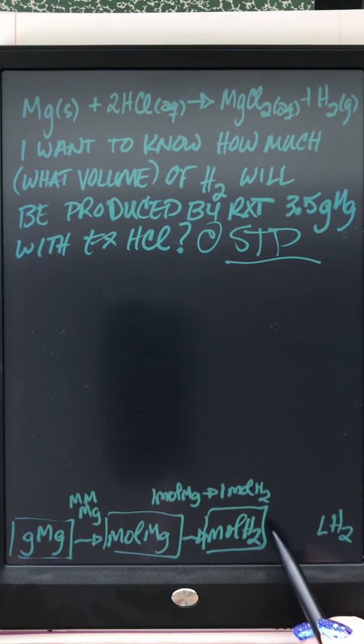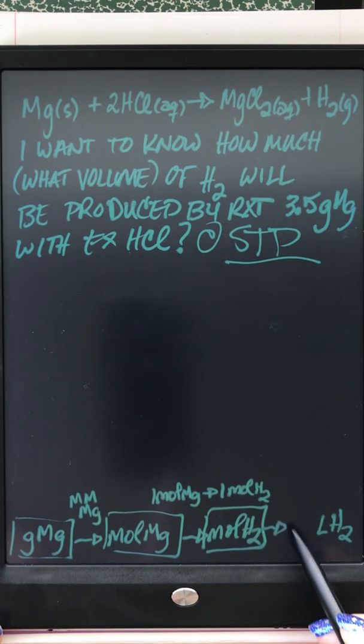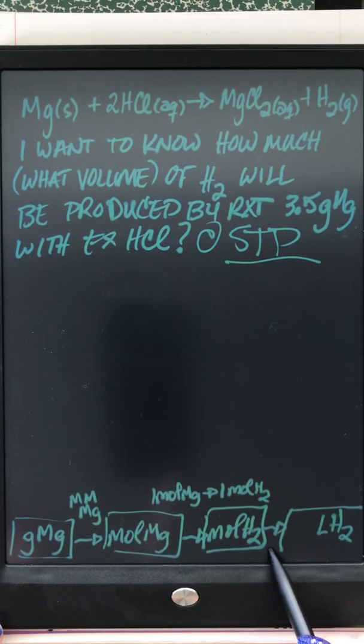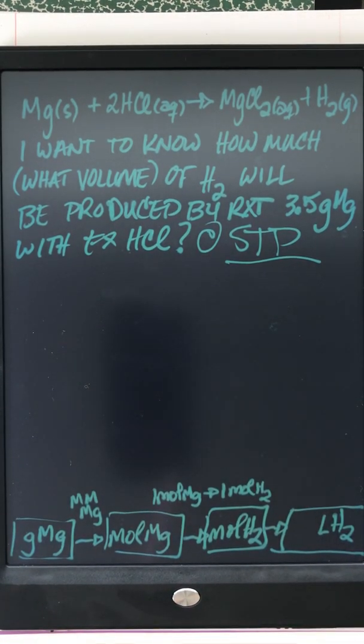So, now I've got moles of something, and I want to get to liters of that thing, right? I think Erin was there this morning, Sydney, you weren't, but one of the new problems that we've introduced is dealing with solution stoichiometry.